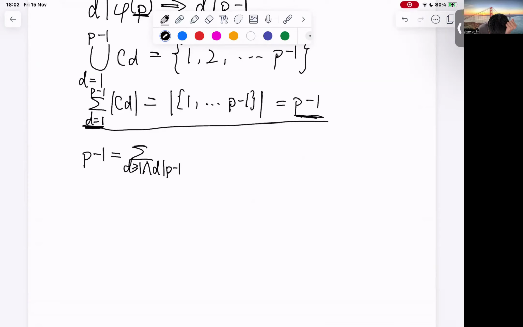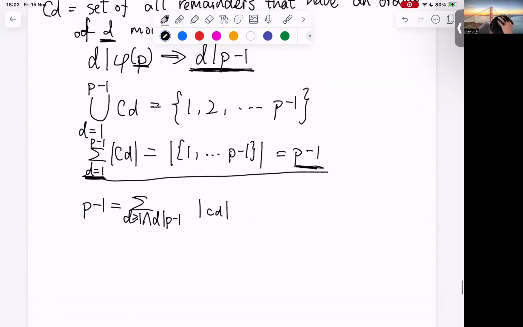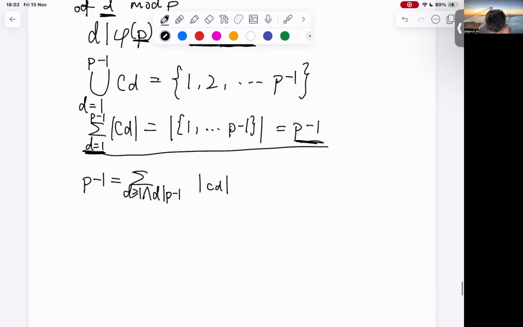Since d is an order that divides p minus 1, we can write this, and it's the same as summing up over all such orders.